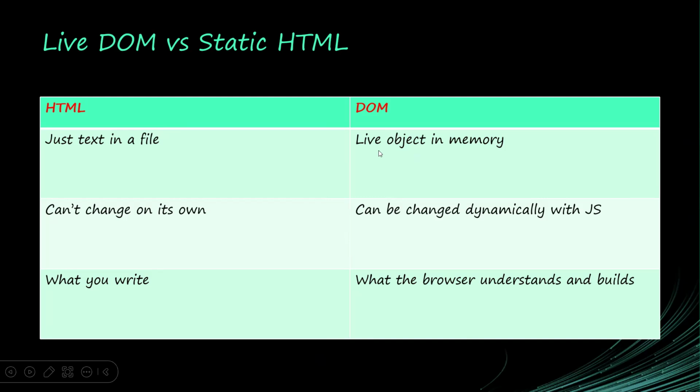But if you want something live, you use the DOM. The DOM is a live object in memory. The HTML can't change on its own, but the DOM can be changed dynamically using JavaScript. You saw what we just did on the console. The HTML is what you write, meanwhile the DOM is what the browser understands and builds. You write the HTML, the browser builds the DOM for you.